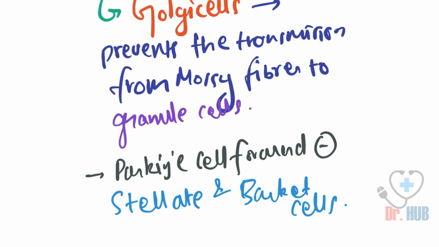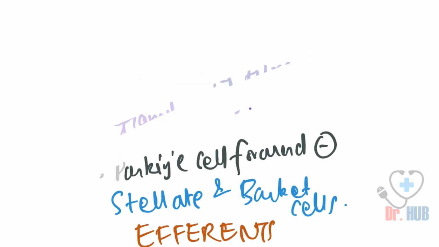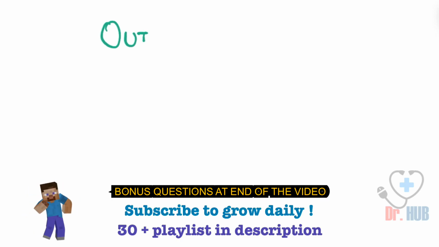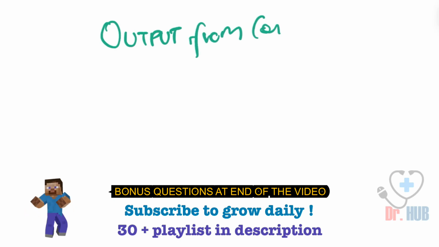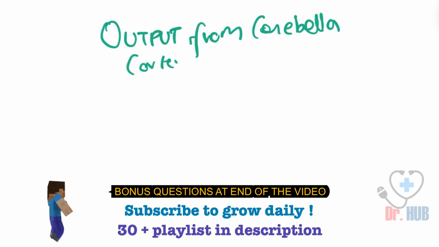Then we move on to the efferents. In the case of the efferents, we're firstly looking at the output from the cerebellar cortex.